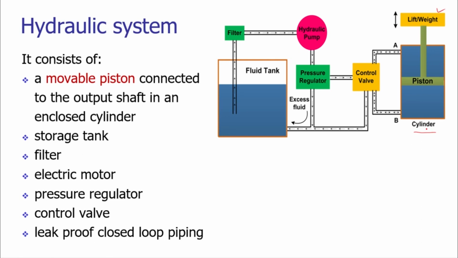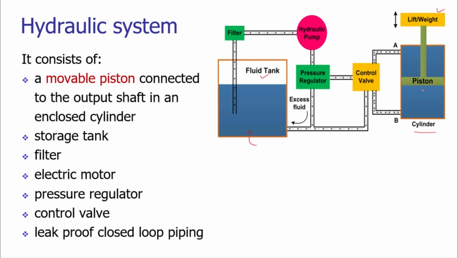We need the pressurized fluid, and that pressurized fluid is stored in a tank. So this is the tank, and the hydraulic pump is drawing the fluid from the fluid tank, and that will be put in the piston cylinder arrangement to get the required work done.